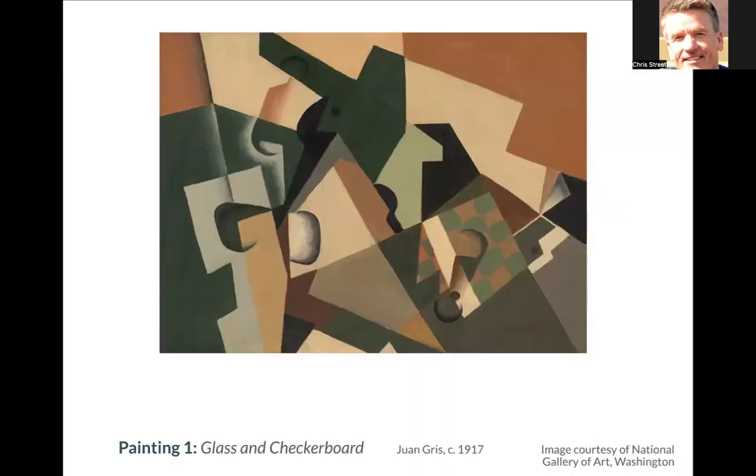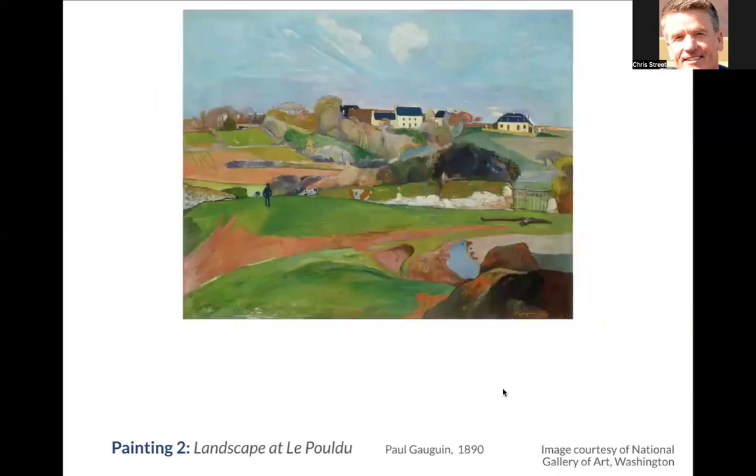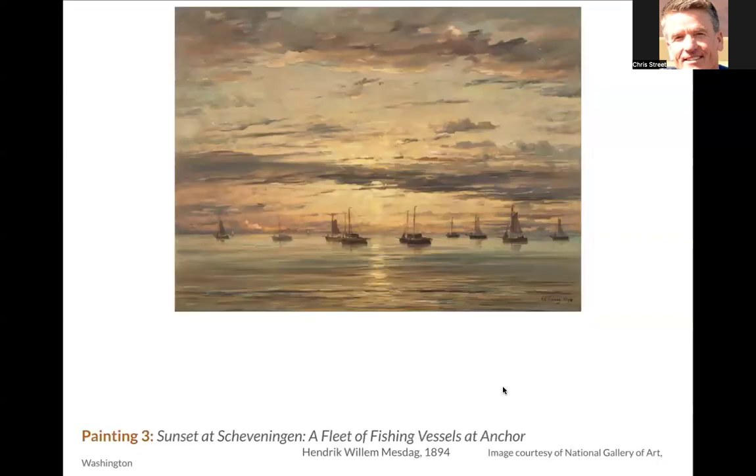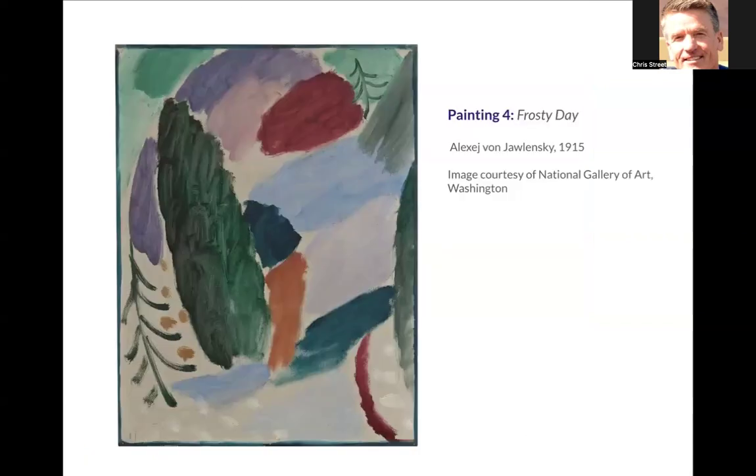So here they are. Here's the first one, glass and checkerboard. Here's the second, a landscape. And I'll give you all four in one slide at the end here so you can see them all. Here's the third, sunset. And here's the fourth, frosty day.